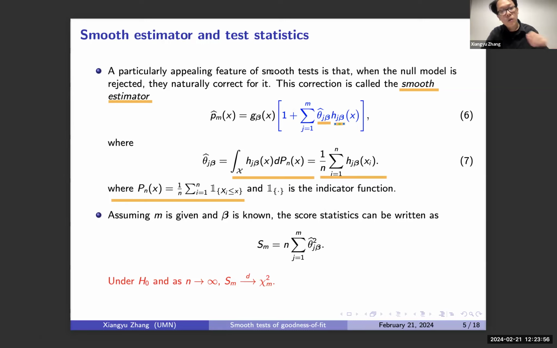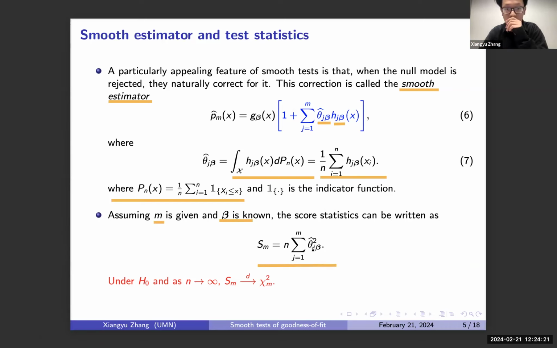And when we're talking about a smooth test, of course we need to talk about its test statistics. Assuming that order M is given and beta is known, the test statistic is written this way. It's a summation of your theta hat squares times n.